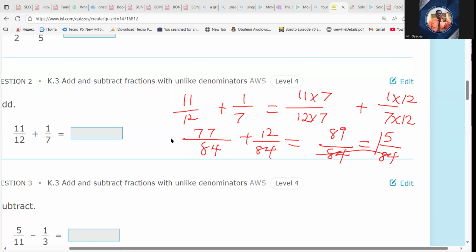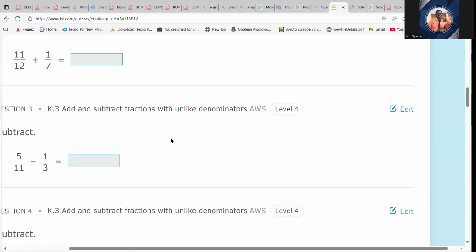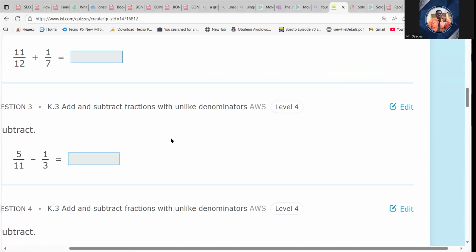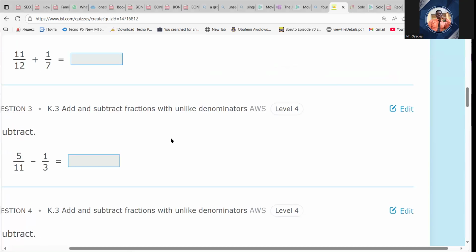Moving on. This is the next number. We have 5 over 11 minus 1 over 3. I think we're going to use the same method as we did before because there's no smaller number that we can use.